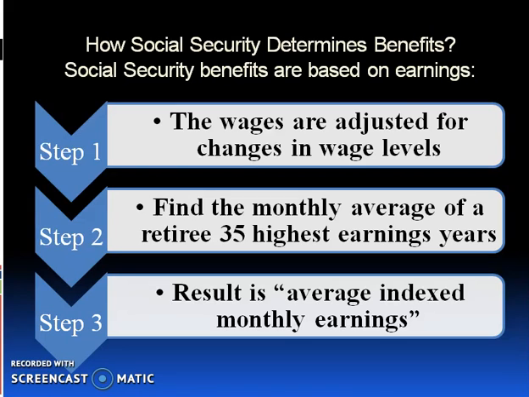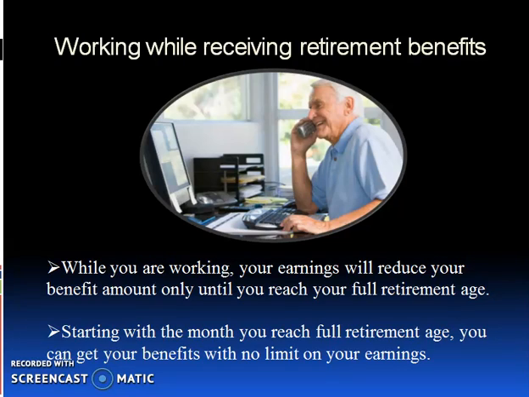I guess many of you who are retired or planning to retire have heard about the PIA. That's the primary insurance amount, and this is the sum you're eligible for at your full retirement age. That's what PIA really is. If you are working while receiving retirement benefits, your earnings will reduce your benefit amount only until you reach your full retirement age.